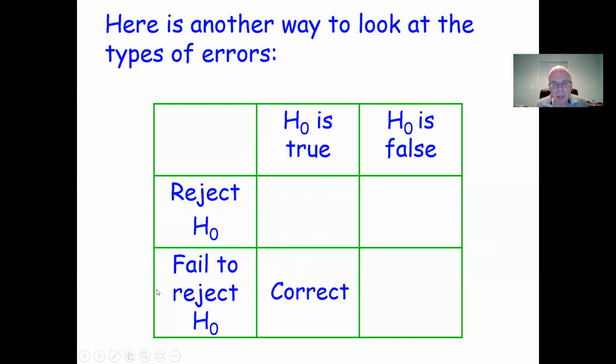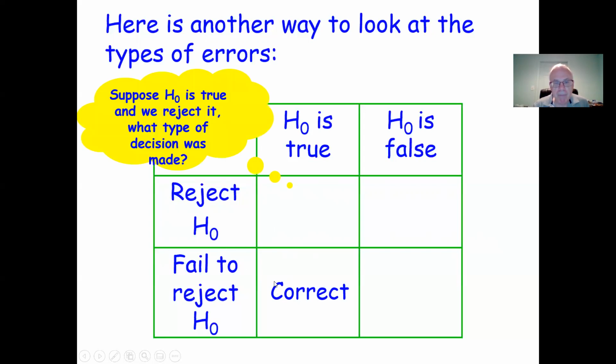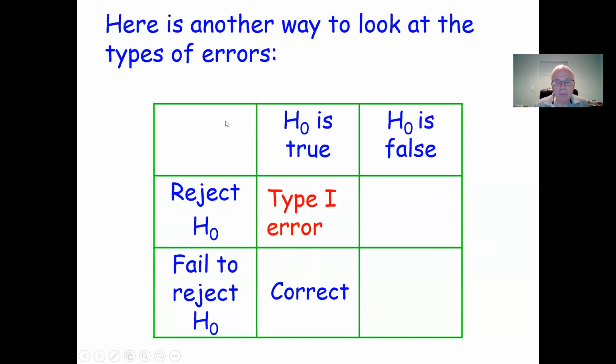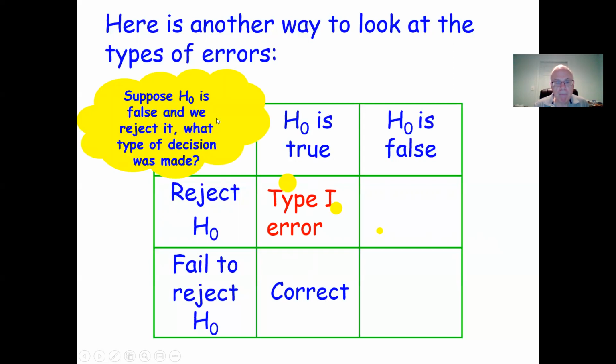Makes sense, right? If we didn't reject the null hypothesis and the null hypothesis is true, we didn't make any mistake. Now, we don't know that ahead of time, but if this is true, then we didn't make any mistake. All right. However, if in reality the null hypothesis is true, but we had enough evidence to reject it, that's our type 1 error. Okay. Now, suppose H naught is false in reality.